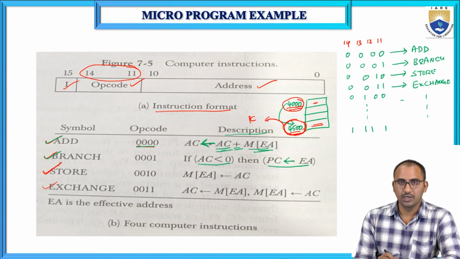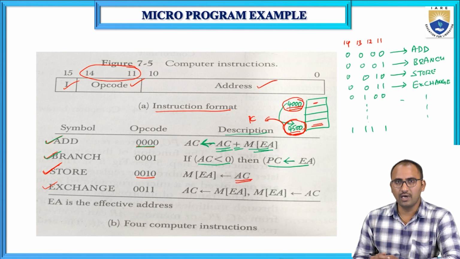And next one, storing. Storing is nothing but loading the data from the register into the memory. For the store, the opcode is 0010. The description is, we have a register, the accumulator, in which we have some data.